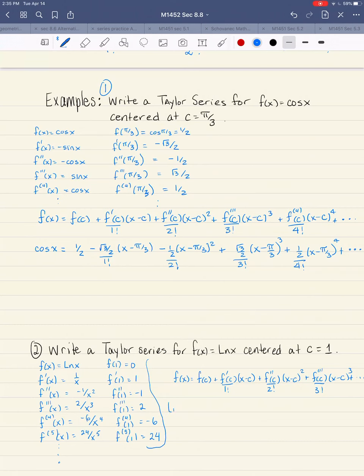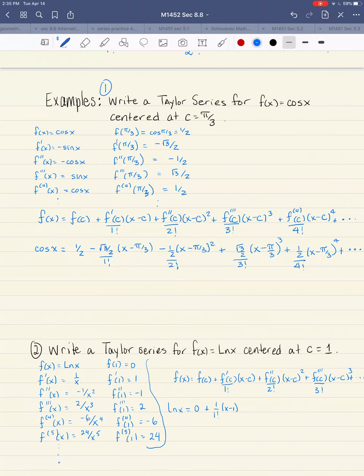So we'll have that the natural log of x is equal to the natural log of 1, which is 0, plus the first derivative, 1 over 1 factorial times (x minus 1).